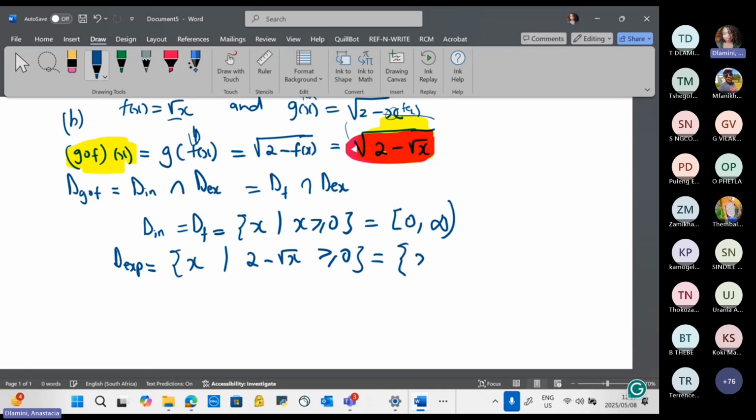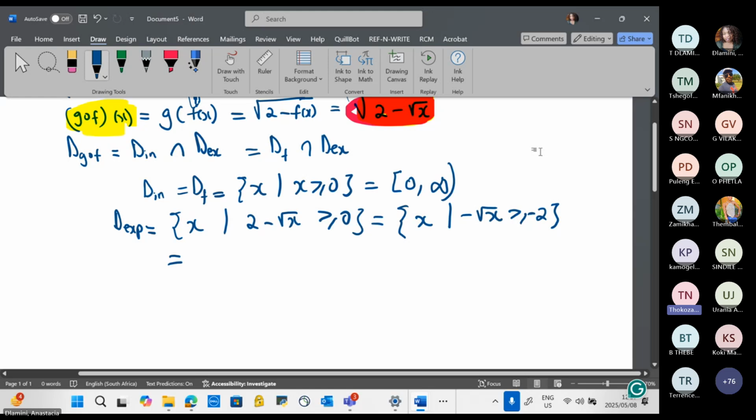So meaning that we can go and simplify. So this is x such that, help me simplify, guys. Algebra. Do I take 2 to the other side or the square root? You take 2 to the right. So then it becomes greater than or equal to negative 2.